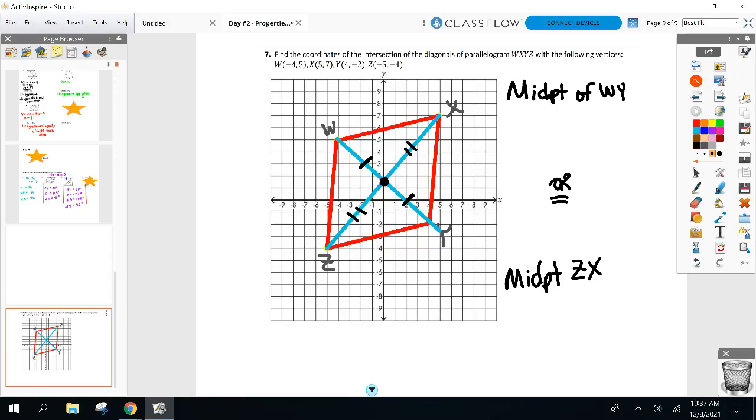Ooh, now everyone's waiting for me, huh? What's the midpoint formula? x2 plus x1 over 2 and y2 plus y1 over 2. Add your x's and divide by 2. Add your y's, divide by 2. I'll give you guys a minute to do that.